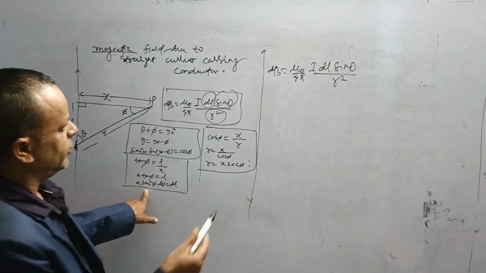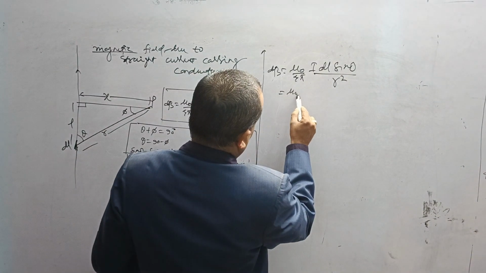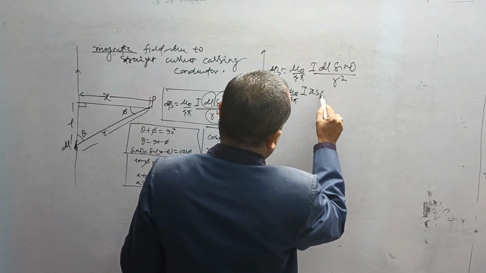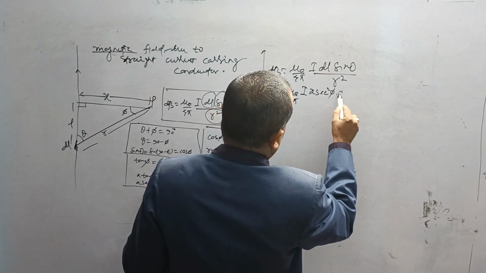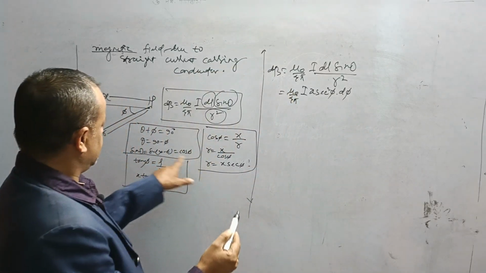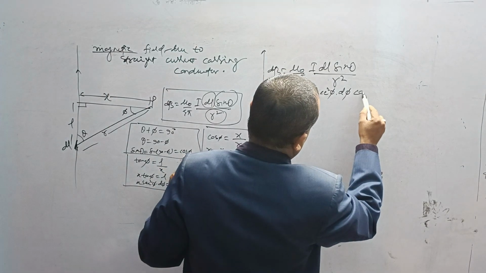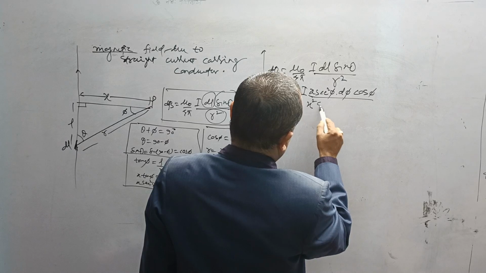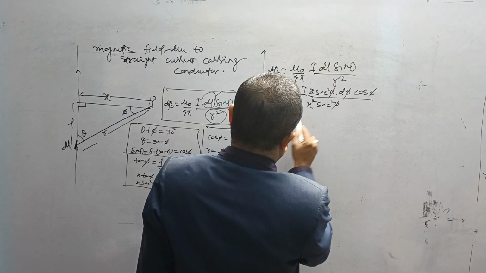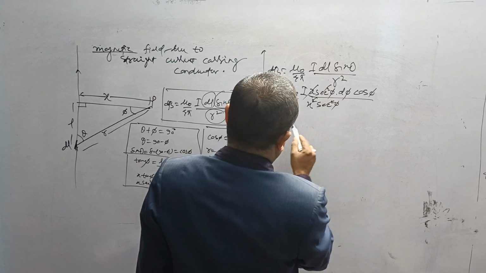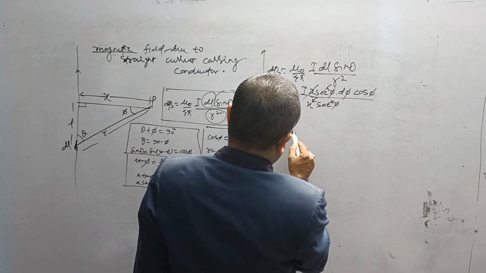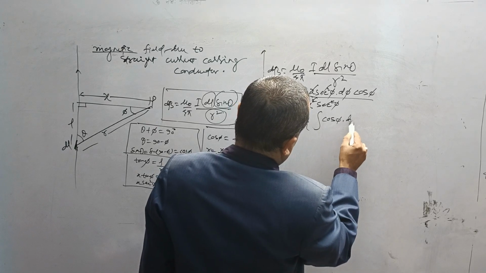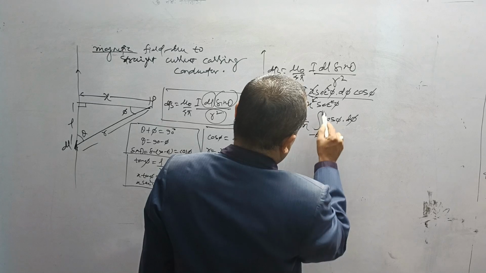Delta L is x sec square phi del phi. Sin theta is cos phi. And r is x sec phi, so r square becomes x square sec square phi. See, x gets cancelled out. This is mu naught upon 4 pi, I upon x. Integration of cos phi del phi goes from minus phi 1 to phi 2.